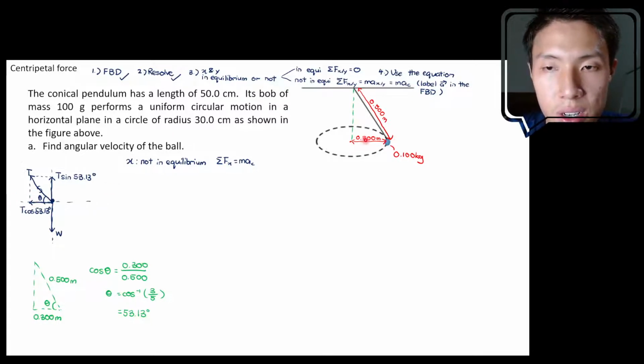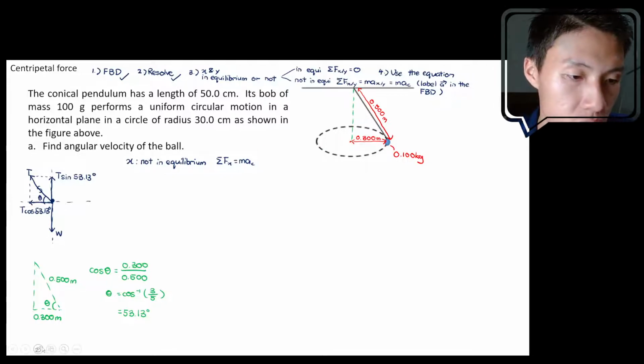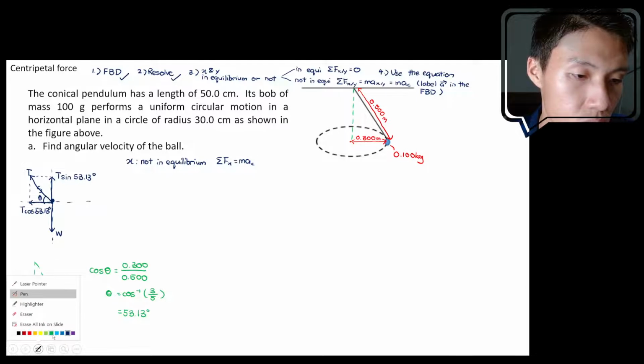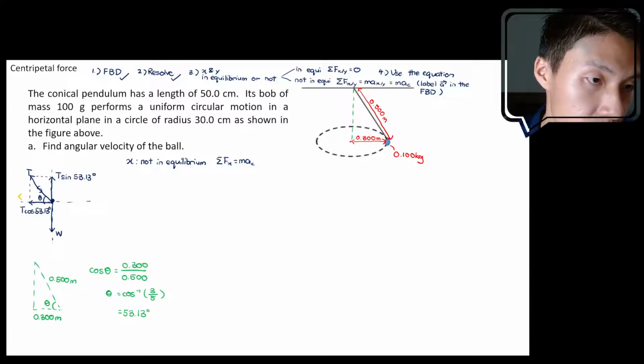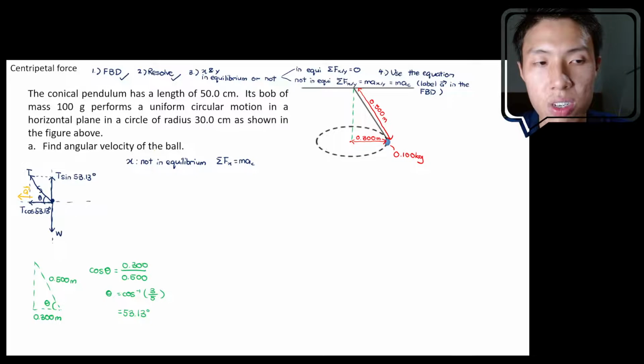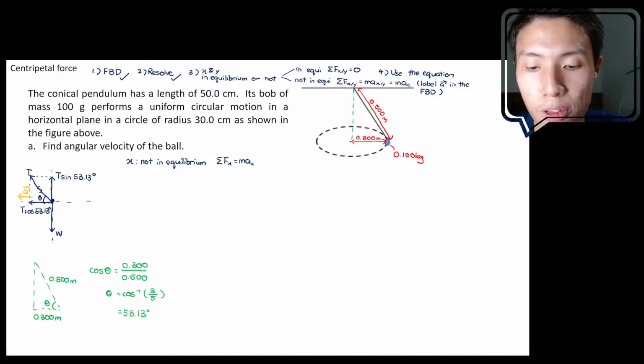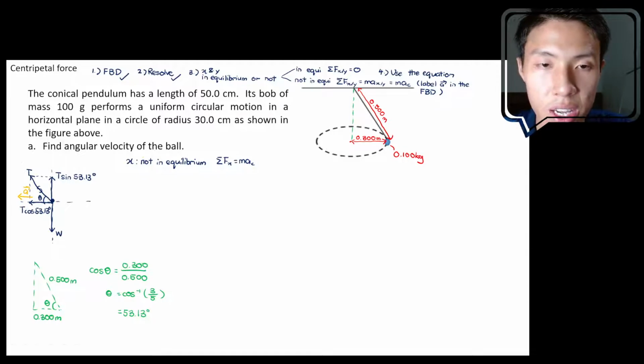The center of the circle is to the left of the pendulum bob. That's why we should sketch the acceleration in this direction over here, a. Make sure you sketch it so that you know which force to subtract from which force to get your sum of force in the x component. So that's the x dimension.